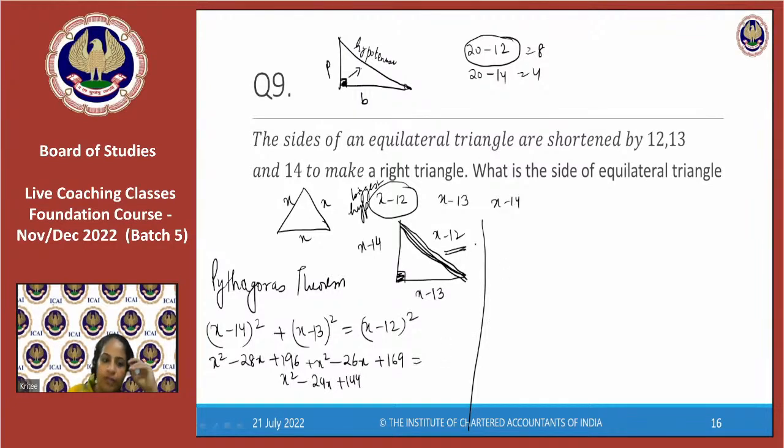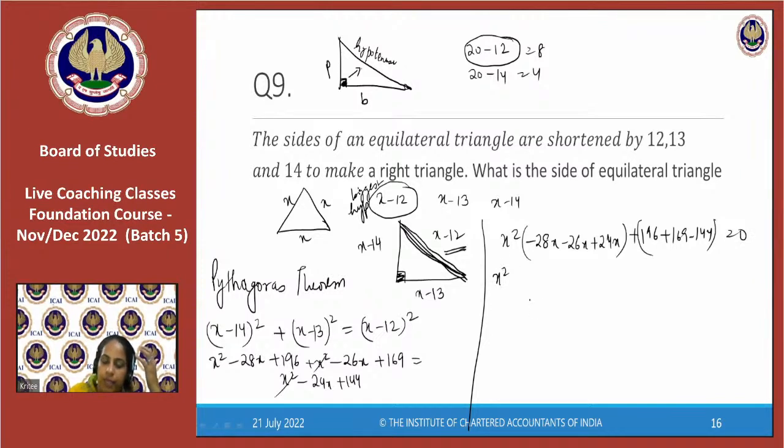Take everything on one side. So you have 1x square cancelled out, x square minus 28x minus 26x plus 24x from the other side. Then plus 196 plus 169 minus 144 equals 0.